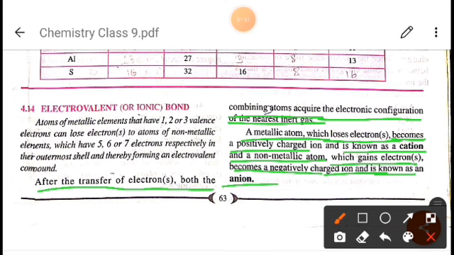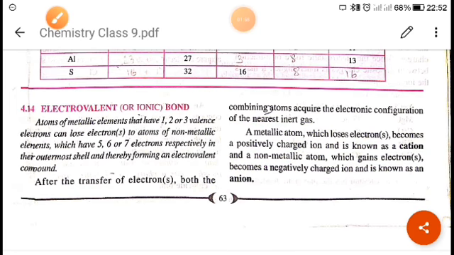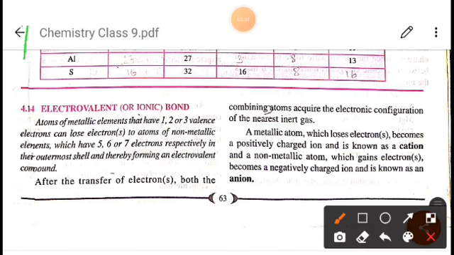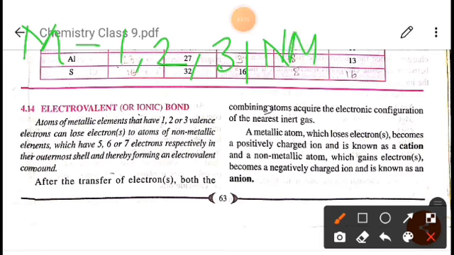So I will try to explain these ions. First of all, we know that in a metal there are one, two or three electrons in the outermost shell. Next is the non-metal, and non-metals have 4, 5, 6 or 7 electrons in their outermost shell, right?